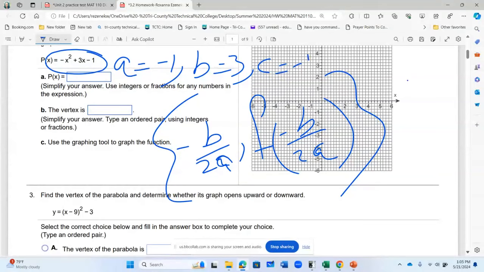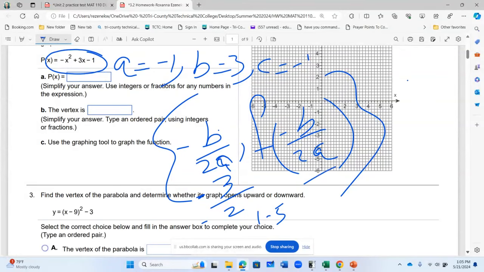So if you're told to use the formula to find the maximum point, you put B here. What is B? B is 3. Remember, there's a negative here. And A is -1, so 2 times -1 is -2. So I have -2 here, and the negative over negative becomes positive. So that is positive 1.5. The x coordinate of the maximum point is 1.5.